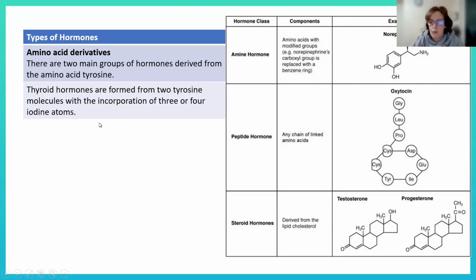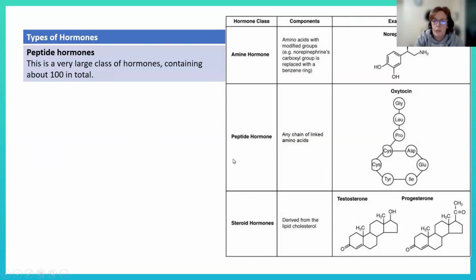So often when people are investigating thyroid problems, they use an iodine tracer. It's radio labeled, so you can detect it because it's radioactive, and it will all accumulate in the thyroid because that's where the thyroid hormones that incorporate the iodine are found.